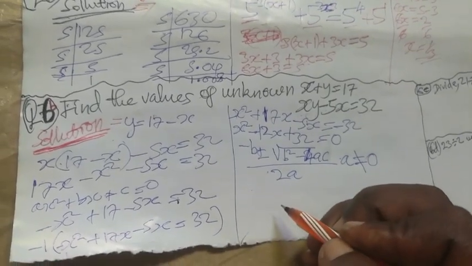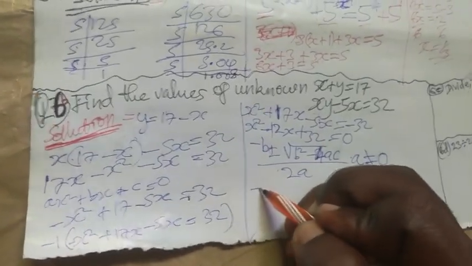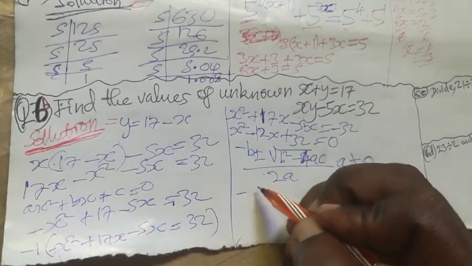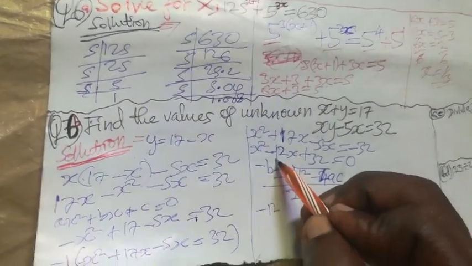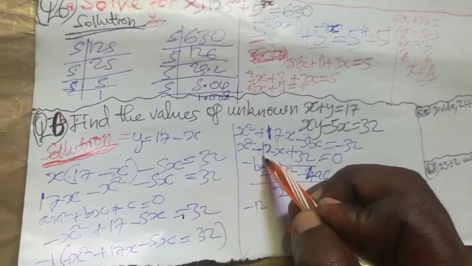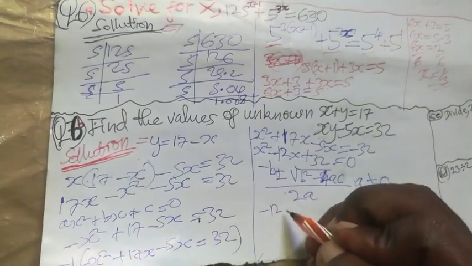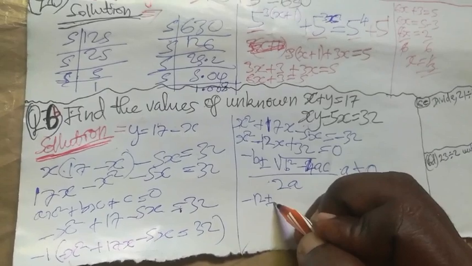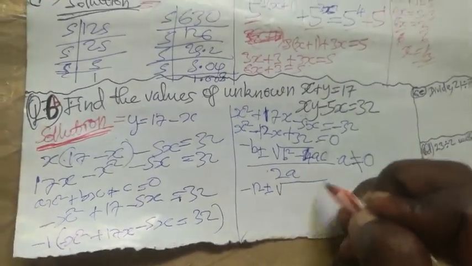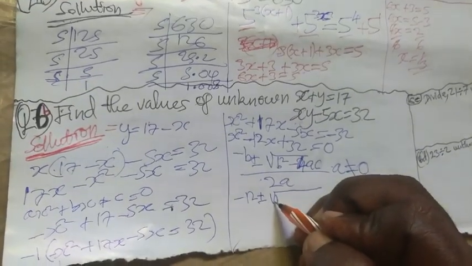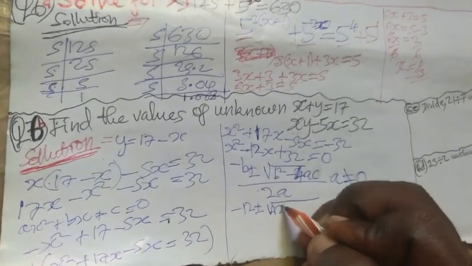This will further give us negative b, because our b is negative 12, so negative negative 12, which is positive 12. Then we say 12 plus or minus the square root of negative 12 squared.